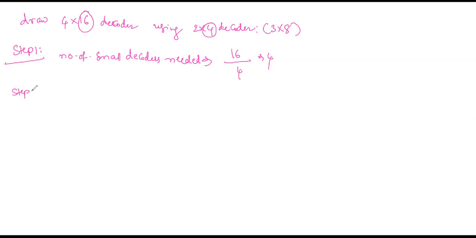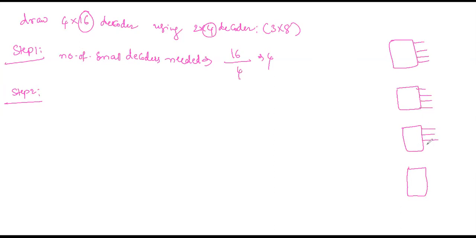Step 2, draw 4 decoders for cascading. 1, 2, 3, 4. And each one having 4 outputs, 3 inputs with enable.